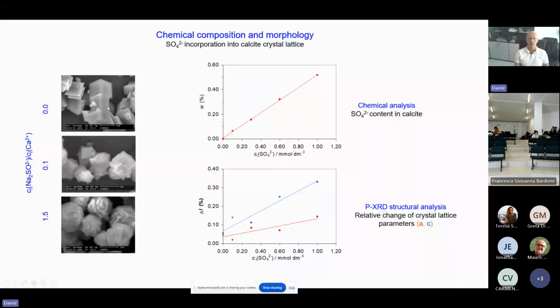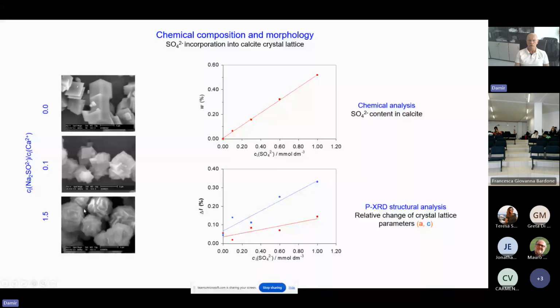So we found out that sulfite is also incorporated in the structure, and the shape of the calcite also changes from rhombohedron to spherical calcite, which is obtained only by the addition of sodium sulfate.